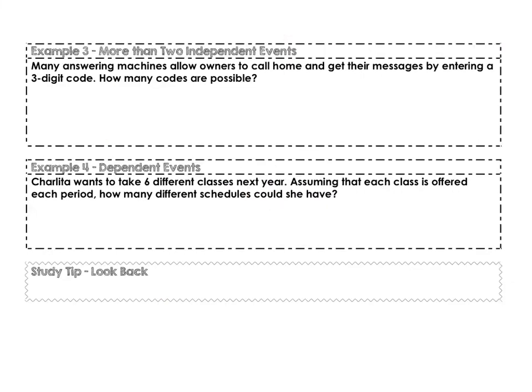Now I have an answering machine, and we are entering a 3-digit code. The 3-digit code is going to be the 3 different placeholders that I have. Now the possible digits: we have 0, 1, 2, 3, 4, 5, 6, 7, 8, and 9. Basically, these are all the buttons on your cell phone. So there are a total of 10 different digits.